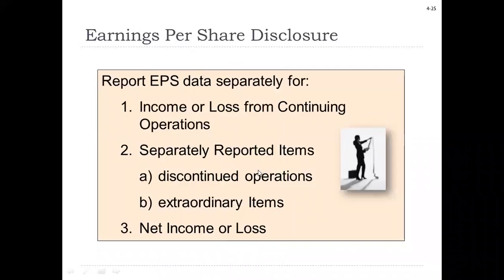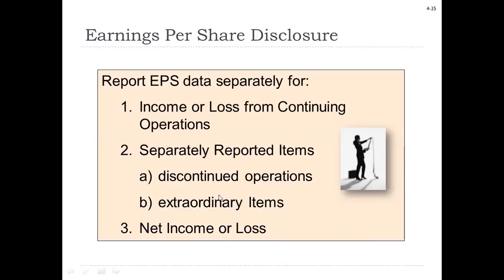Okay, so earnings per share, you have to disclose that, and you have to show earnings per share information separately for your income or loss from continuing operations. And if you have discontinued operations or extraordinary items, we show the earnings per share for each of those separately as well. And then we have an earnings per share for your net income or loss.